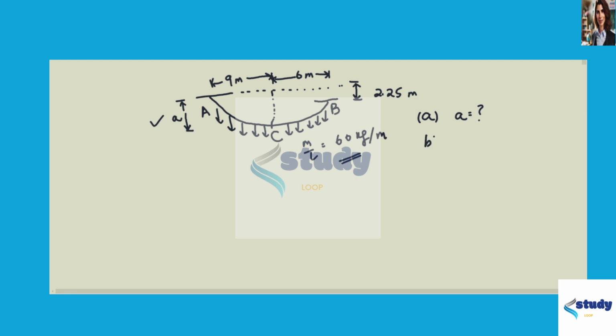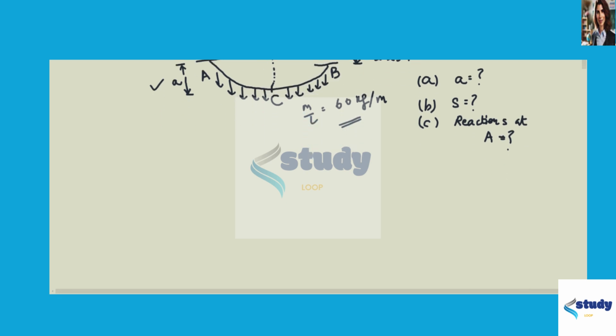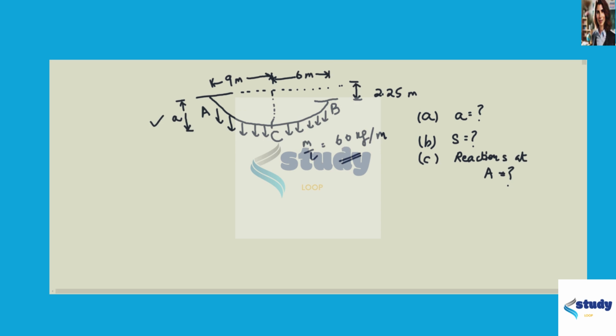In the second part, we'll find the length of the cable S, and in the third part, we'll find the components of the reactions at point A. So let's solve the first part.